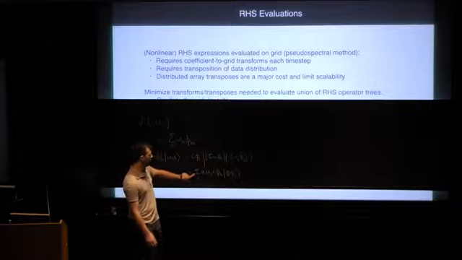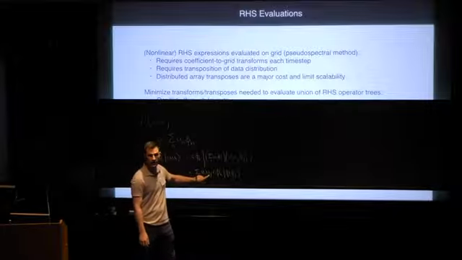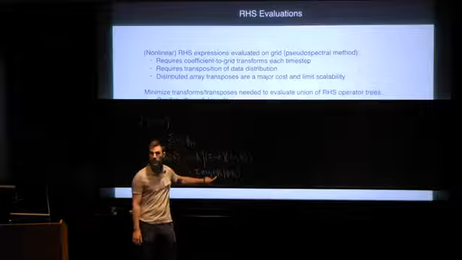You end up with a sum over phi_ij times coefficient i, coefficient j, and this is the coupling coefficient you mentioned.